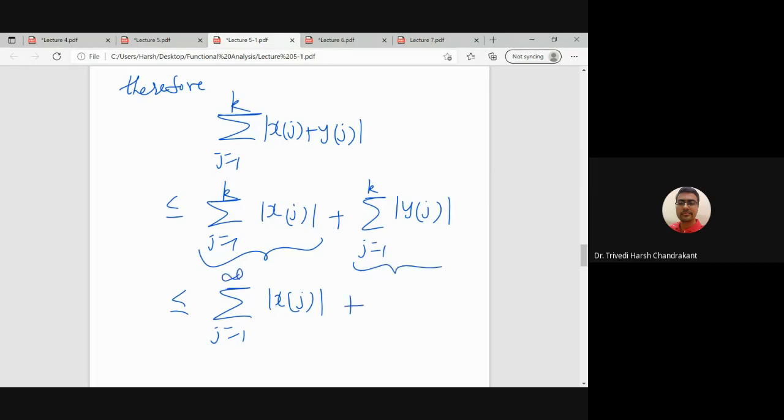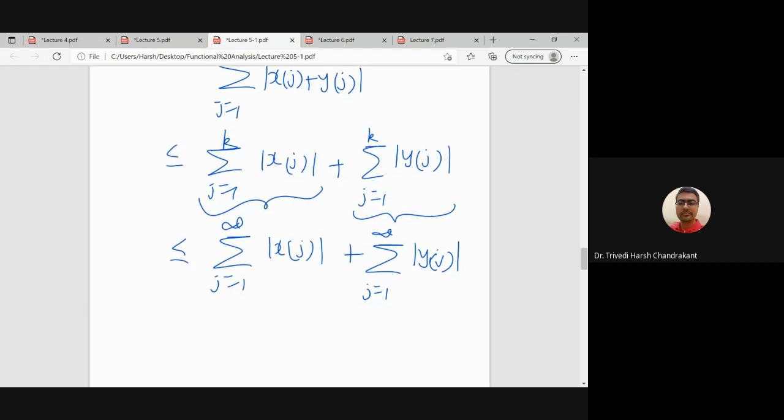Similarly, this is a series of non-negative numbers, so it must be less than or equal to the sum from j equals 1 to infinity of |yj|.